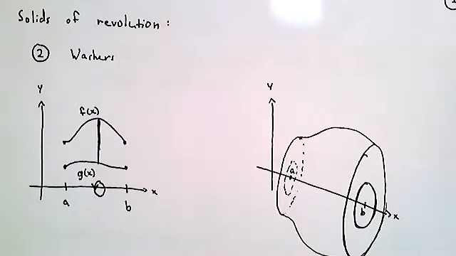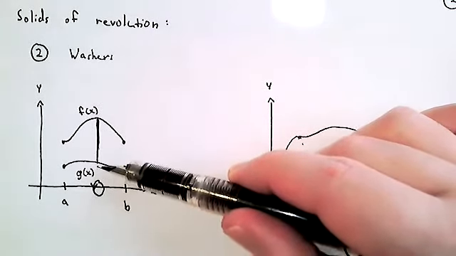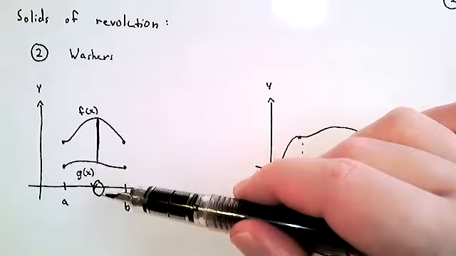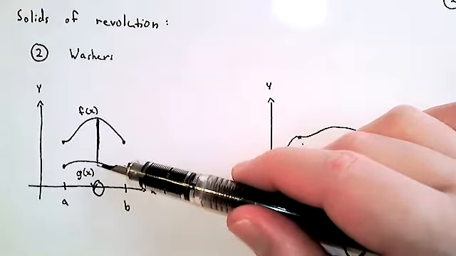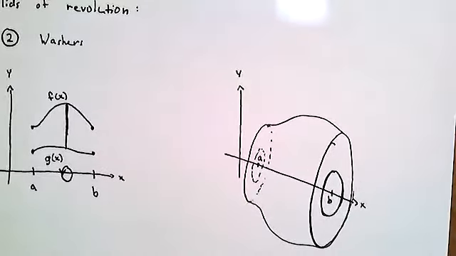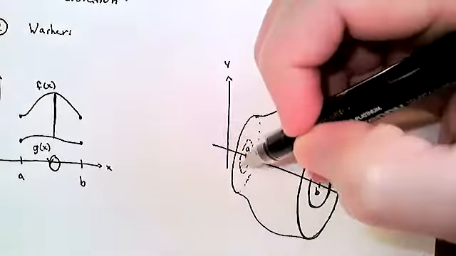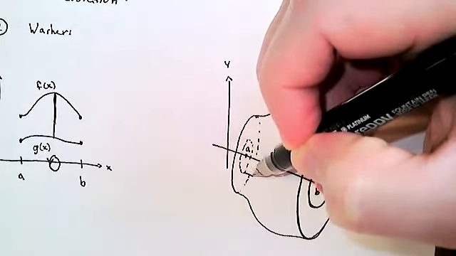But what's going to happen now is we're going to have a gap. So there's a space here between the x-axis and my bottom curve. And what happens is we end up with something more like this.